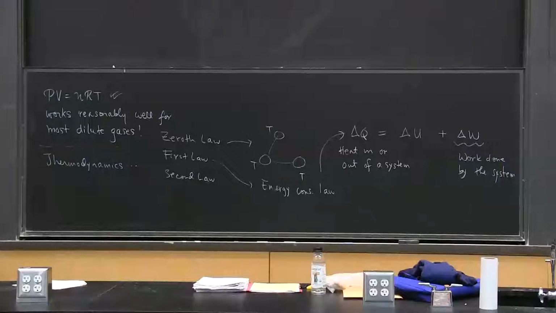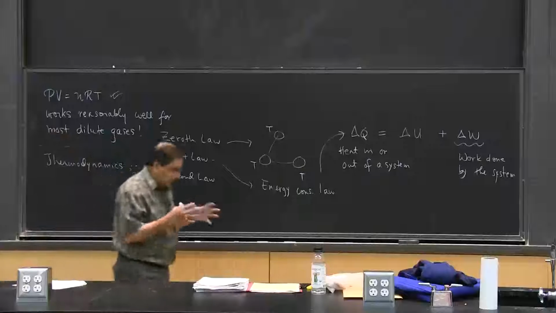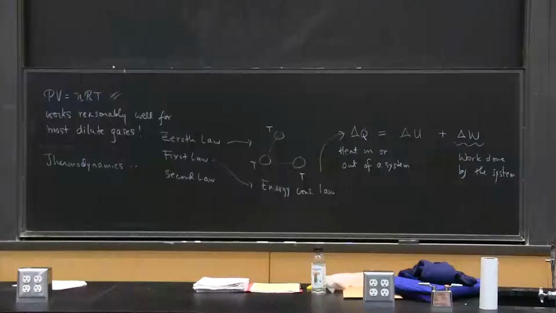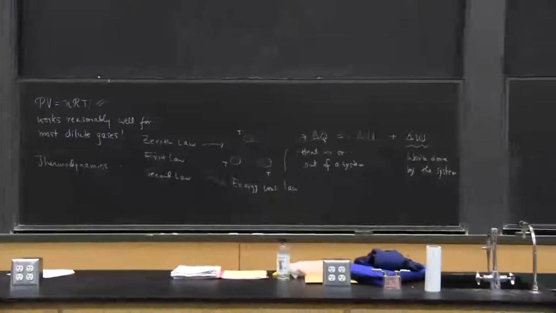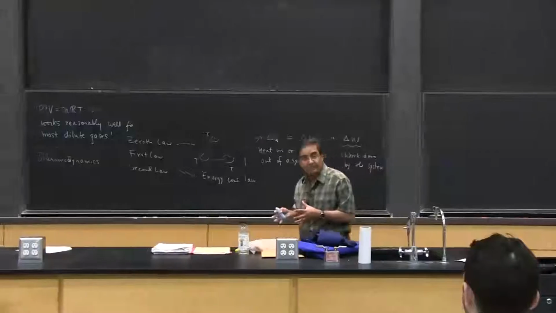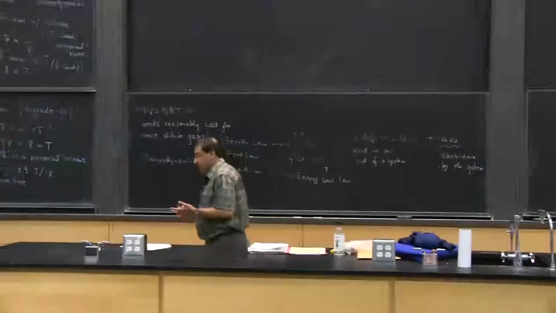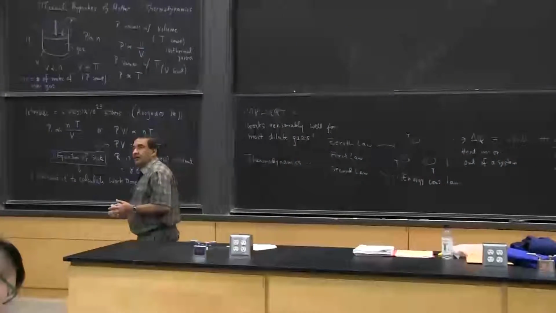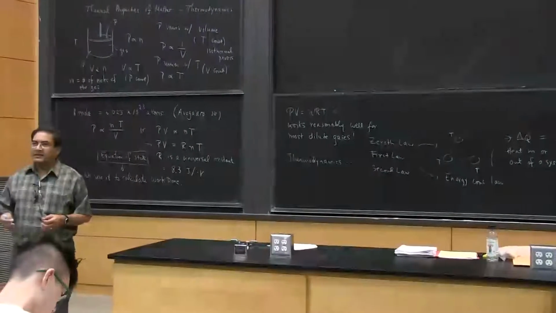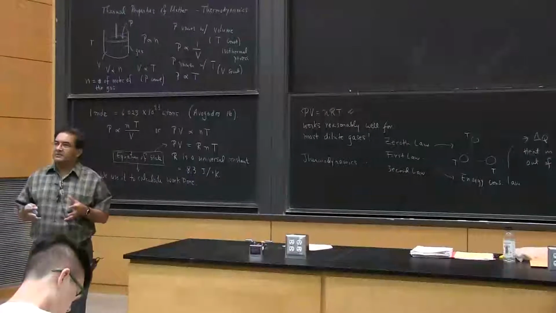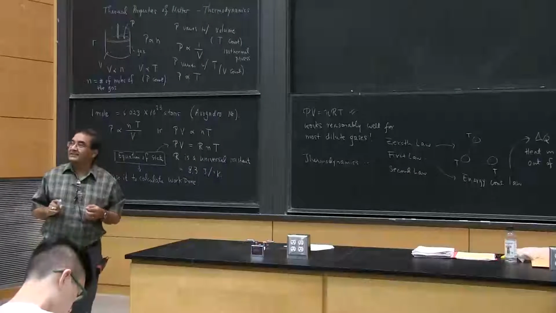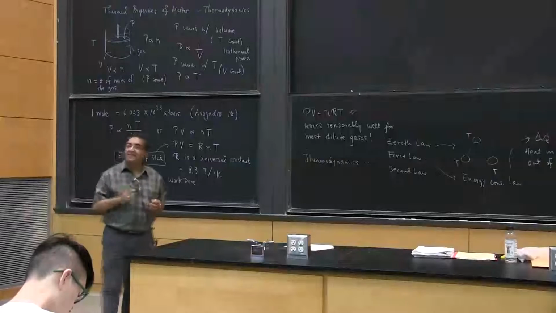So there are systems which you can design which are so insulated that heat can neither come in nor leave the system. And when you have changes of pressure, volume, and temperature in such systems, where no heat can come in and leave the system, they are called adiabatic systems. And adiabatic systems actually have a different equation that they must satisfy.